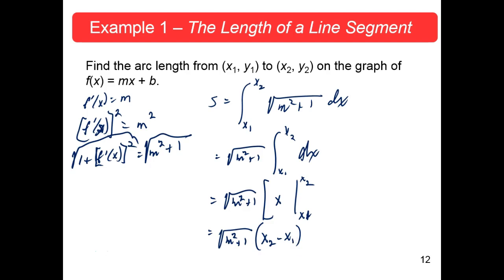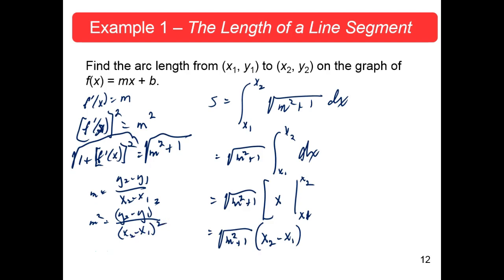Now, I've been carrying around the m. We wrote the m as y2 minus y1 over x2 minus x1. So let's do that. m squared would be y2 minus y1 squared over x2 minus x1 squared, right?